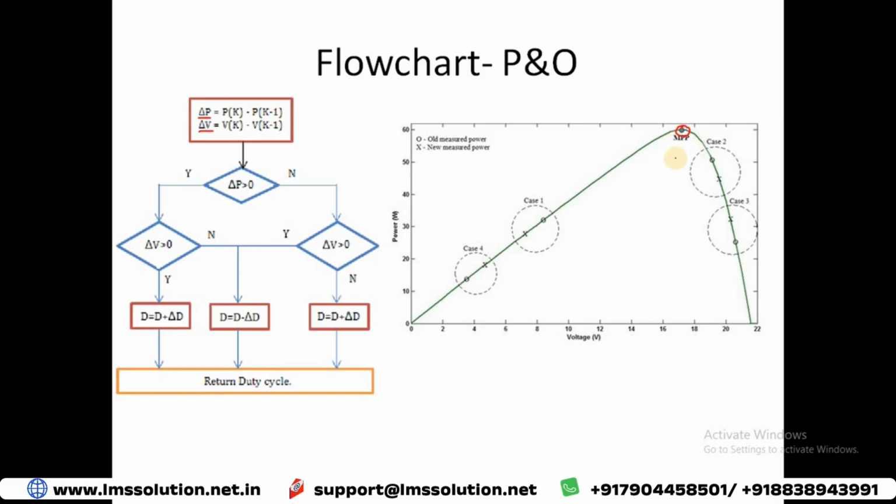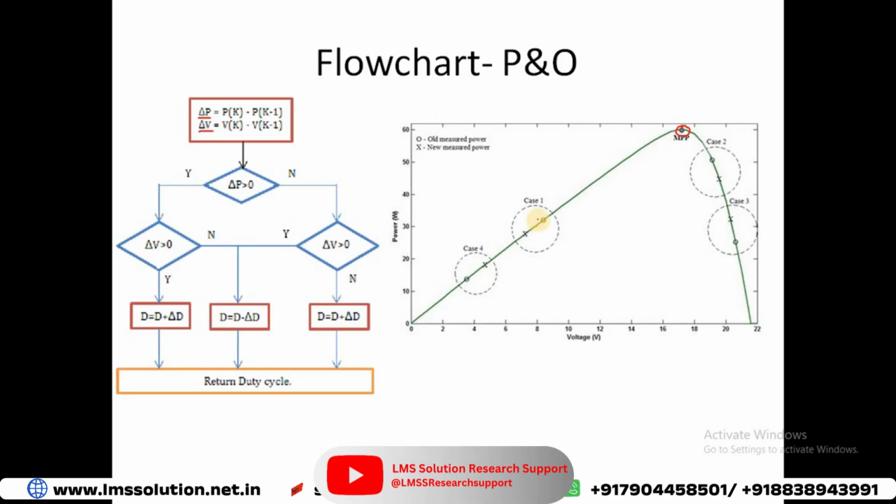You need to move the solar panel output to this point based upon the power difference and voltage difference condition. Here we are going to consider case 1. In the different cases you have to see some notation: the circle symbol is considered as the previous instant and the cross symbol is considered as the current instant.